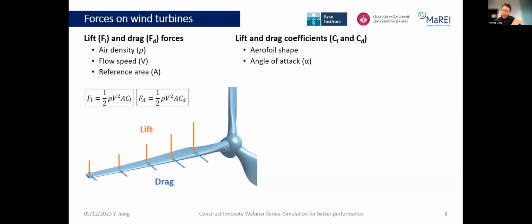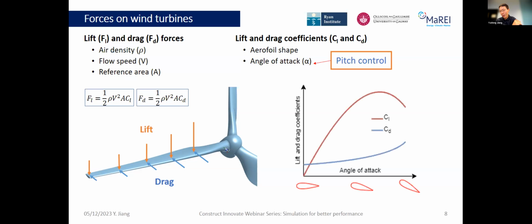And this angle of attack is controlled by the pitching system of a wind turbine, and it's quite important. And why? Let's take a look at the plots. This plot shows the relationship between the lift and drag coefficients and the attack angle of the airfoil.